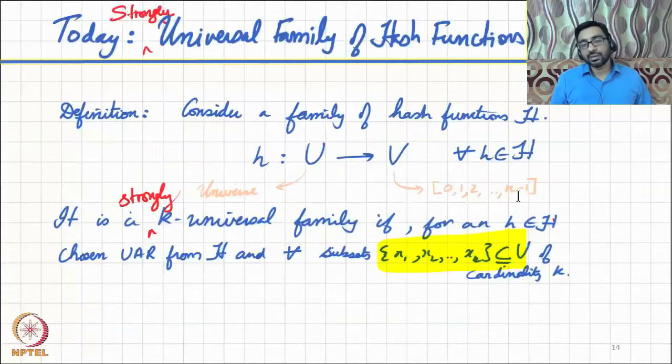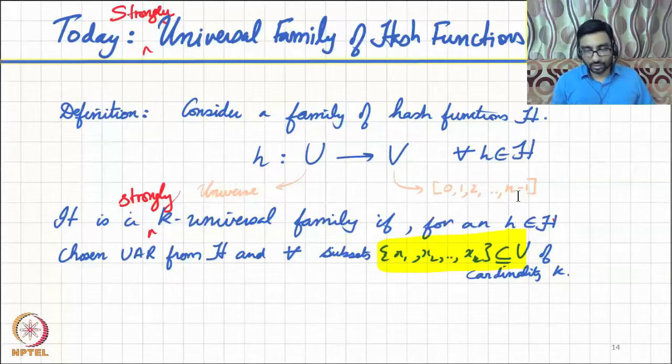We can extend our theory of universal hash functions to something that's slightly stronger. So here we're going to define what is called a strongly universal family of hash functions. It's again a family in which each member is a hash function that maps the universe to the set V. And for this family to be a strongly k-universal family of hash functions, here's the condition that must apply.